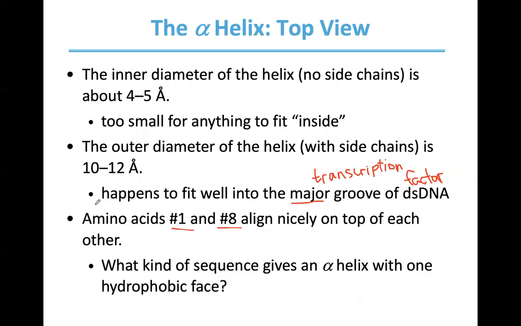What's important is that I want you to realize what happens if you have a 3 or 4 amino acid repeat. So what kind of sequence gives the alpha helix with one hydrophobic face? So tell me. Let's say I have valine.